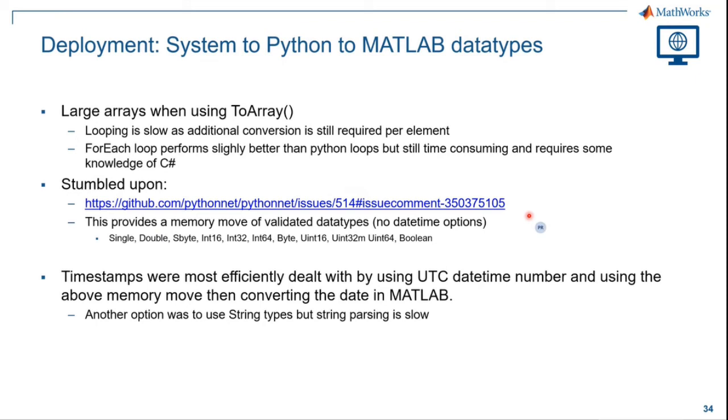I've put it in there for interest, and you're welcome to go and view it. This essentially is a memory move of certain data types that are identical to Python data types, and that makes it very quick to convert these data types to a Python data type.